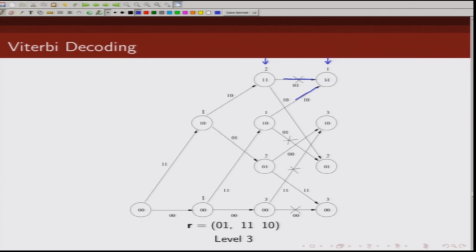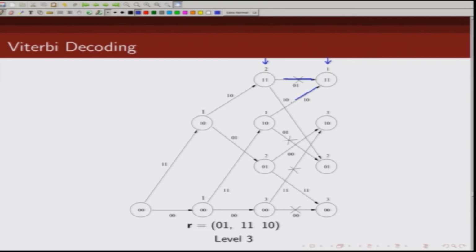We compute it by adding the partial path metric of this state plus the branch metric of this branch, or the path metric at this state plus the branch metric corresponding to this transition.